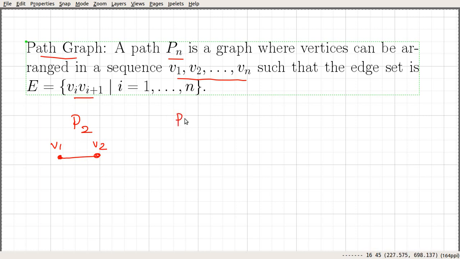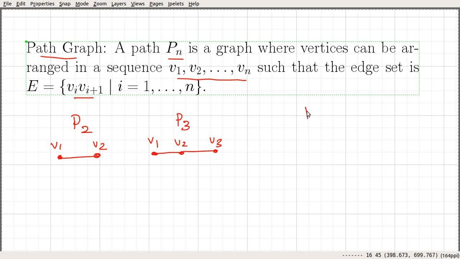Now P3: by definition we have 3 vertices. Let me call them V1, V2, V3, and we have edges between Vi and Vi plus 1. So there will be an edge between V1 and V2, V2 and V3. So it looks something like a path. That's why it is called a path graph.